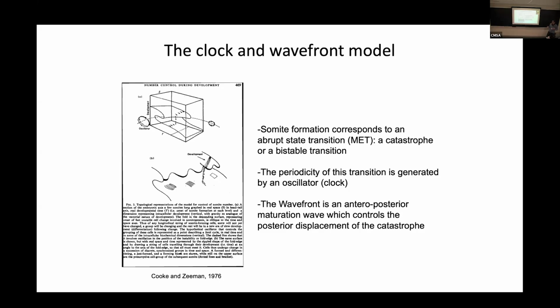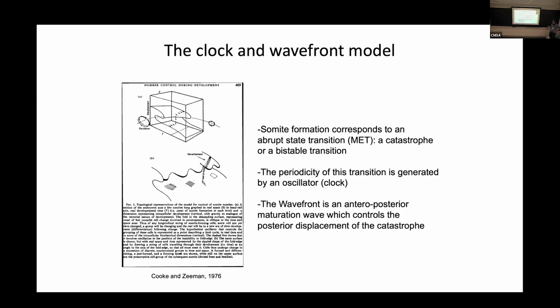The wavefront is the system that essentially displaces the catastrophe in space. And it was proposed to be the normal maturation wave of the embryo, the maturation gradient, which is seen in vertebrate embryos. And so it's an interesting paper to read, as it's not really mathematical in reality. It's very descriptive.